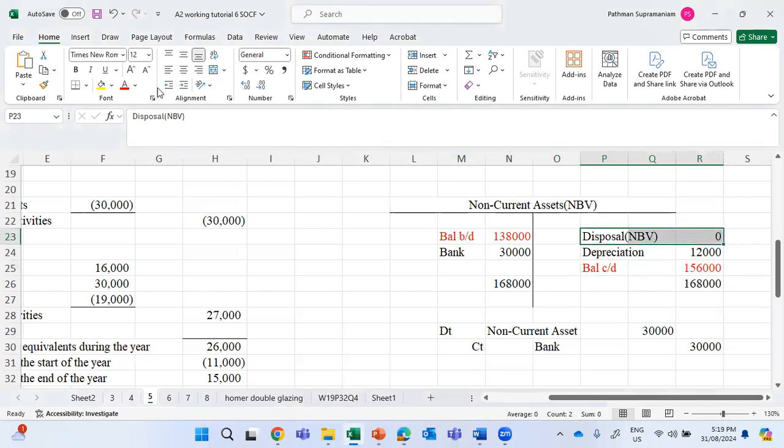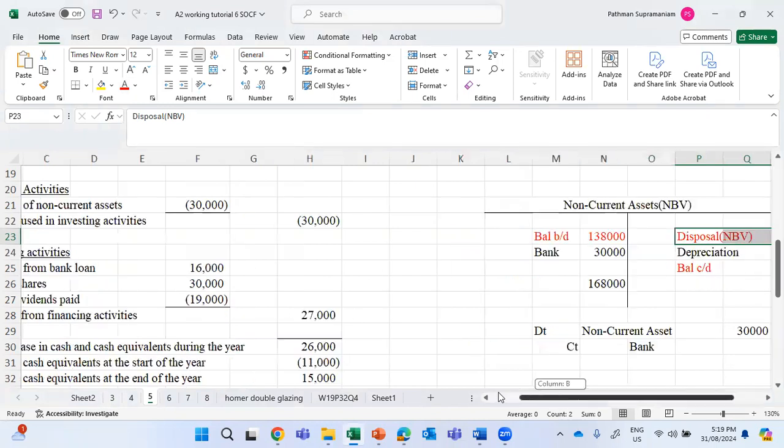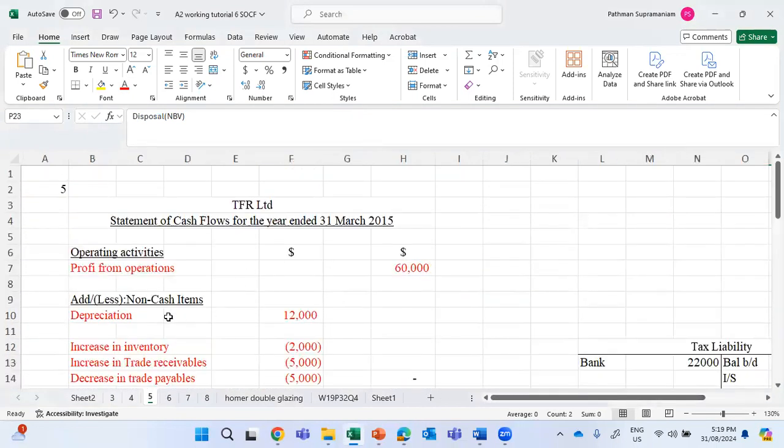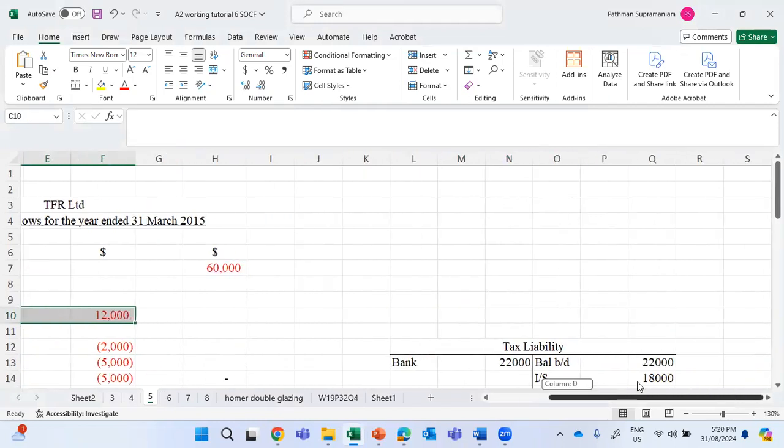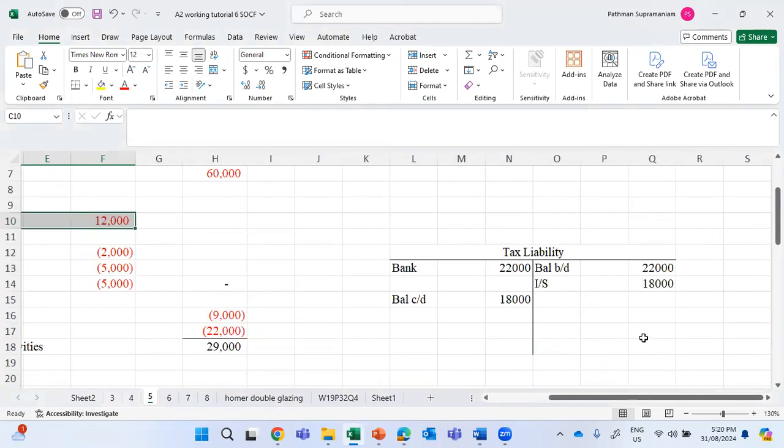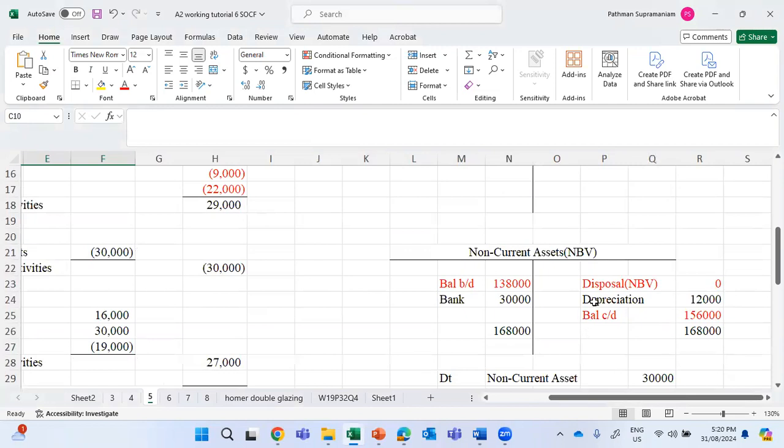However, you have depreciation, right? Remember, we have calculated depreciation just now to be 12,000. So therefore, we deduct depreciation. Upon balancing the account, this is the figure that we require. So we must have purchased 30,000.